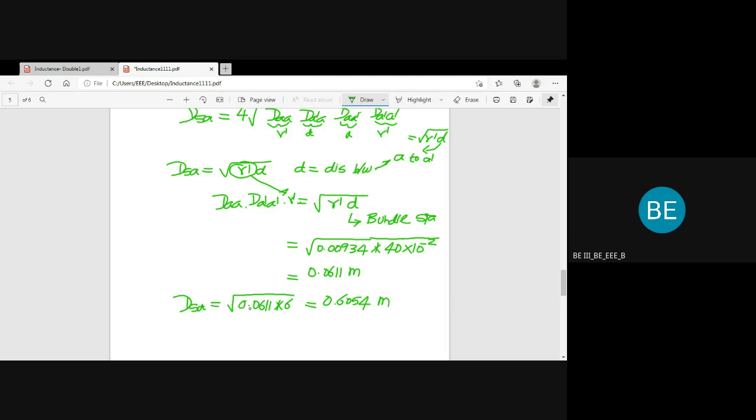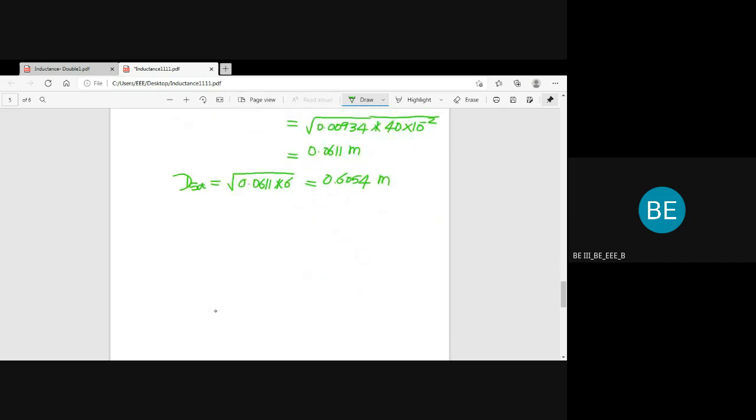So DSA, DSB and DSC value will be similar as we have discussed in earlier. So I consider this as DS value. So there will be no change in the DM value. So we can straight away find inductance. So DM value, so we can find out earlier, that is 3.63. DS value, so 0.605.